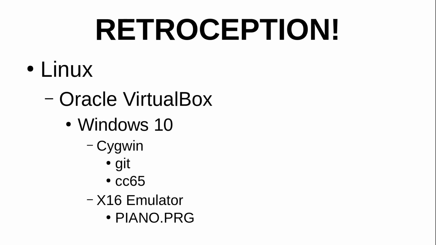So as an overview, here's again how it goes down. I've got a Linux running right here, and this is going to have a VM running through Oracle VirtualBox. So yeah, I'm going outside the bounds of my normal free software, all of that GNU-ish bits that I tend to prefer, and going into the realm of big time software.